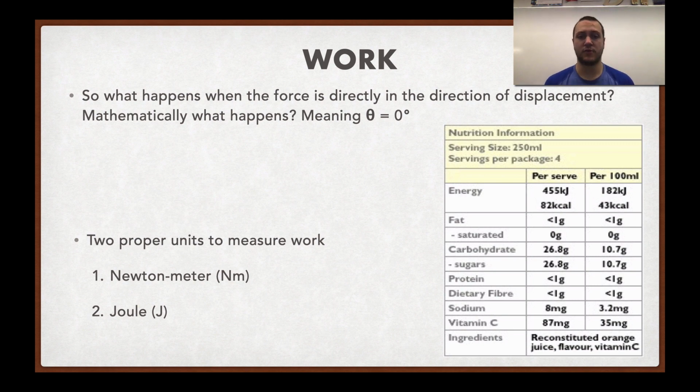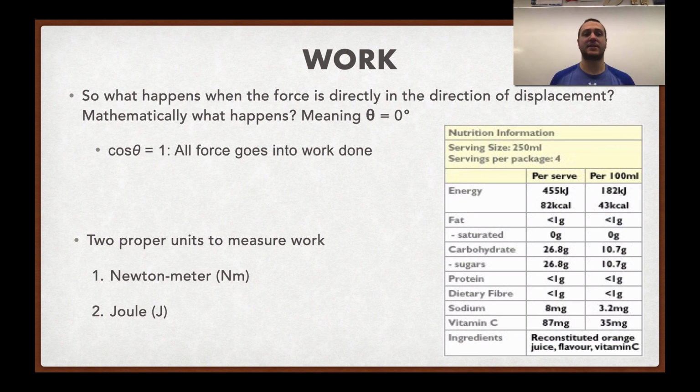Well, think back to trig. What happens when the cosine of 0 degrees equals 1? Our cosine of 0 degrees being 1 means that all of the force is going to allow the work to be done. As that angle approaches 0, more of your force is going into the amount of work that's done.